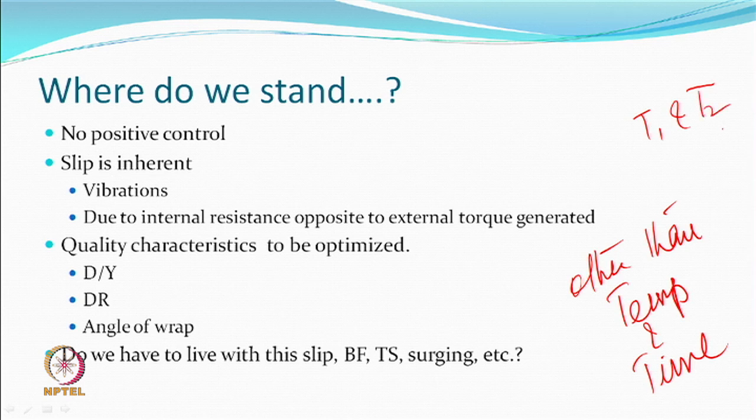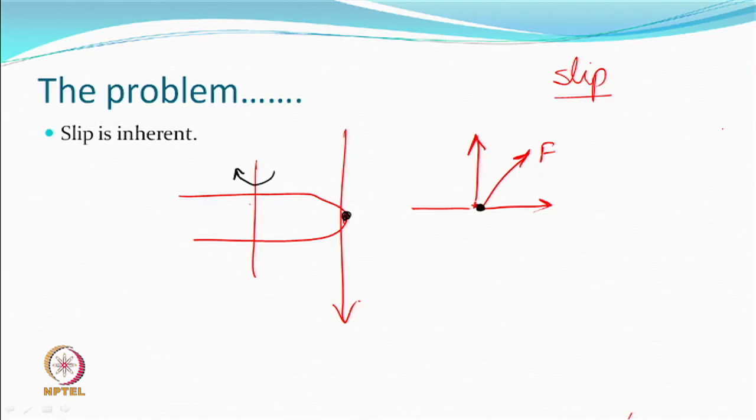The third one we have not discussed, but I am sure you can guess they will be controlling, and therefore, we have some way to understand what has happened. The question that remains is, do we have to live with this slip and also the problem, the broken filament, tight spots, surging, etc., and snow generation, because there is slip, right? So, we just look at this problem and then finish today.